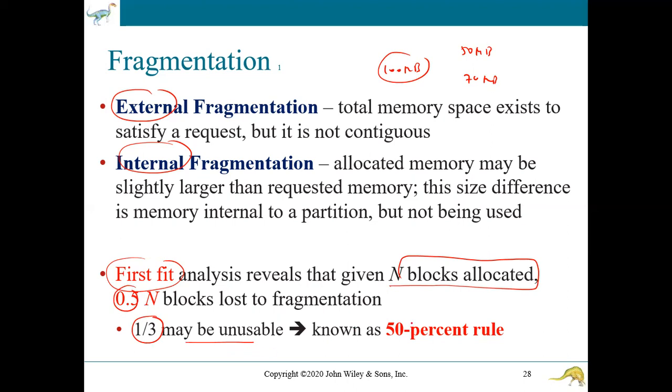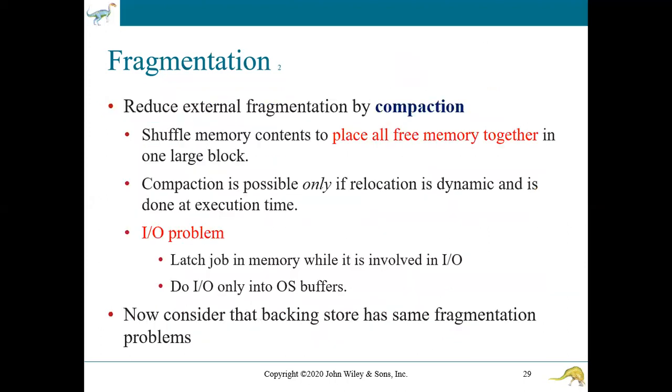So why is 1/3 a 50% rule, right? Why not 35% rule or something like that? Usually, most of the time, there could be a process which takes only 2 bytes and the entire partition is wasted, right? So that's why 1/3 is a rule of thumb, nothing special.